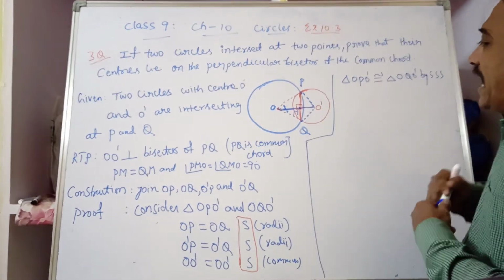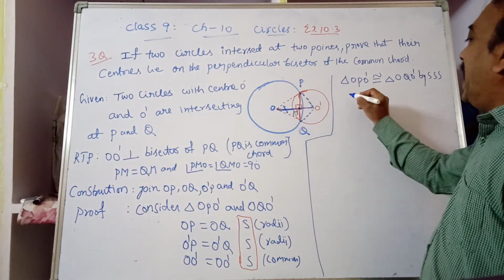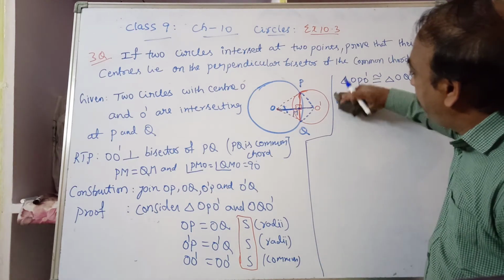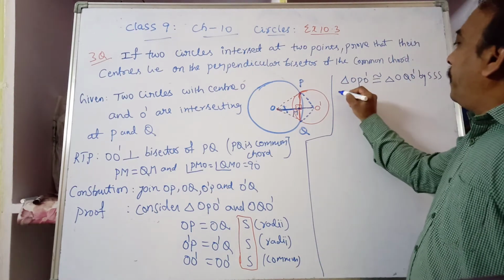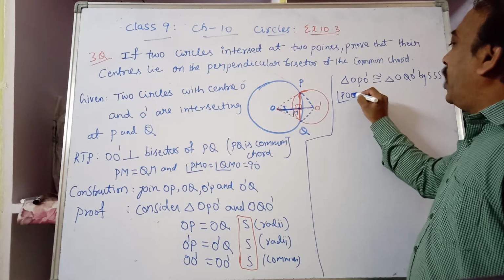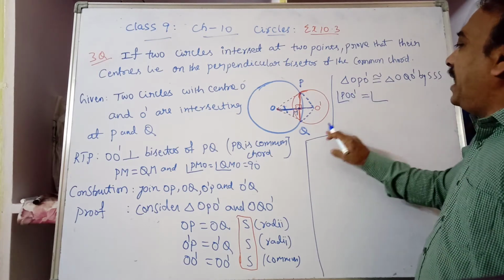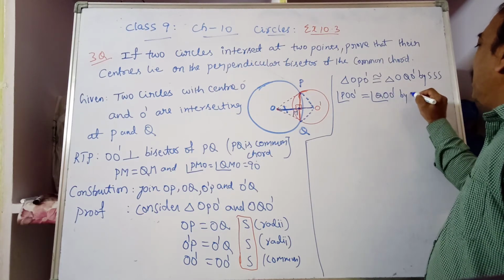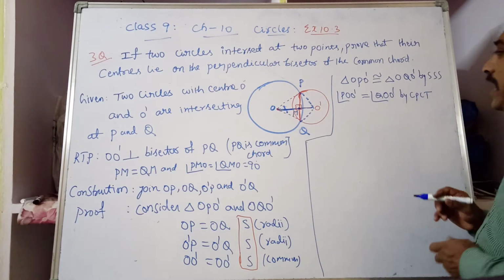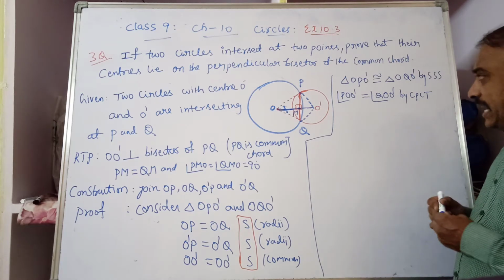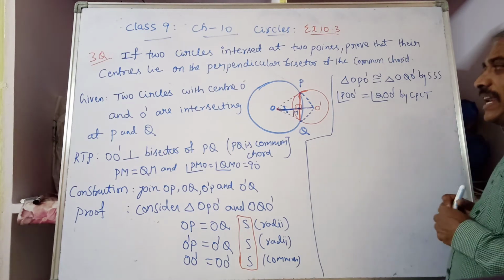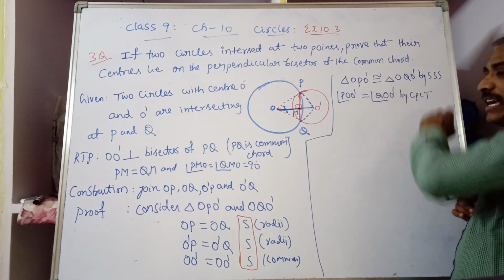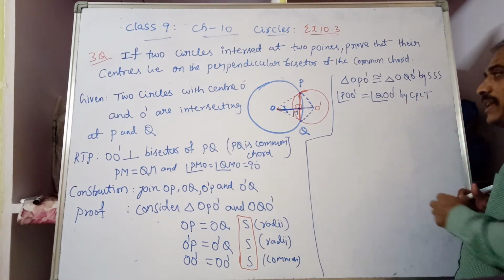So angle POO dash is equal to angle QOO dash by CPCT, corresponding parts of congruent triangles. Once the triangles are congruent, their corresponding parts are equal.